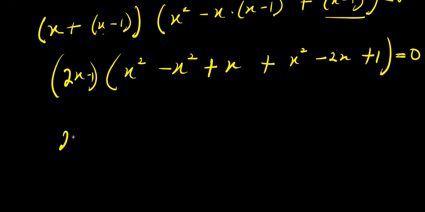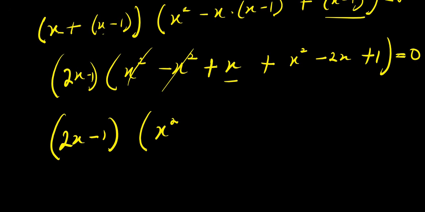From here, you have (2x − 1) times. Let's cancel this. We have x squared, this is plus x, x minus 2x is minus x, and this is plus 1, and this equals 0.